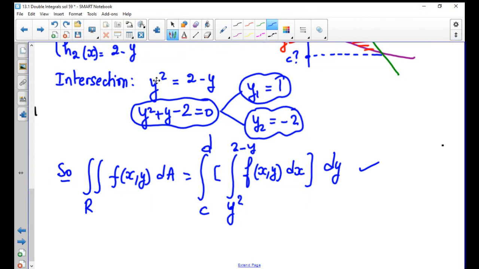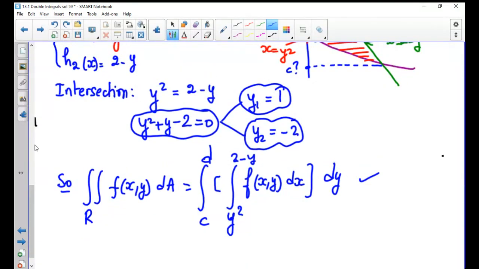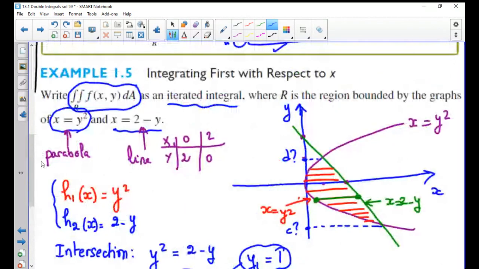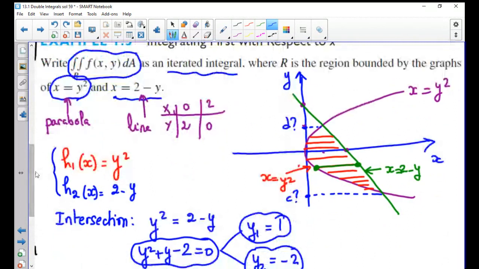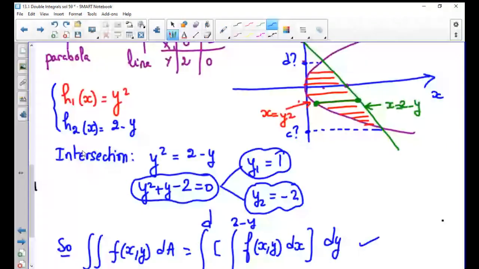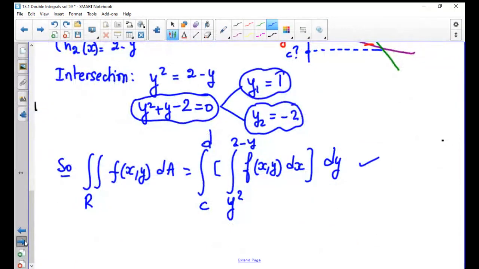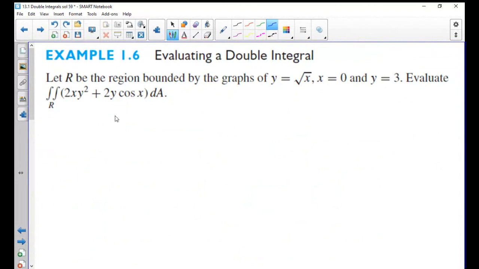So just split the double integral into two integrals like this, and that is what we want in this example. Just write it as an iterated integral. All right, so let's try this one, and then maybe we take a small break.